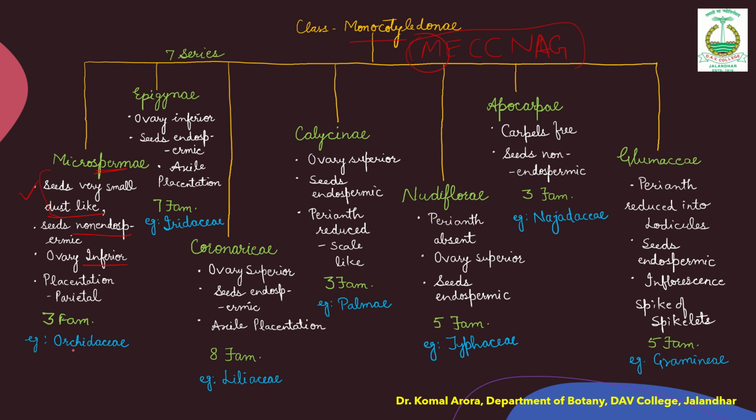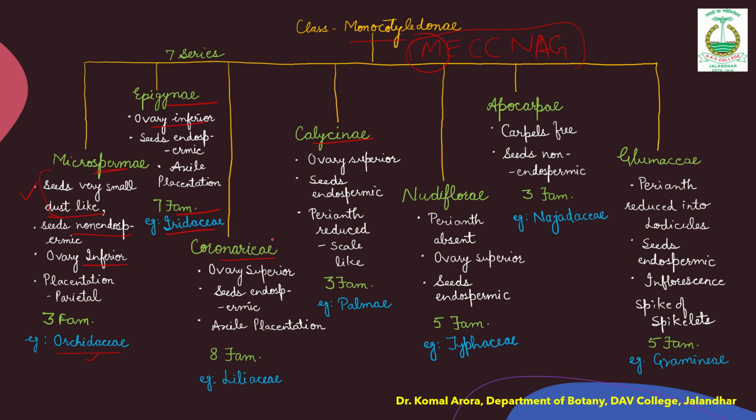And here we have 3 families, but the most advanced family of angiosperms has been kept under this, it is Orchidaceae. Second series is Epigynae. Epigynous condition, you all know, means ovary is inferior. So here we have 7 families and you can learn Iridaceae. Next comes Coronarieae. Coronarieae is Liliaceae.